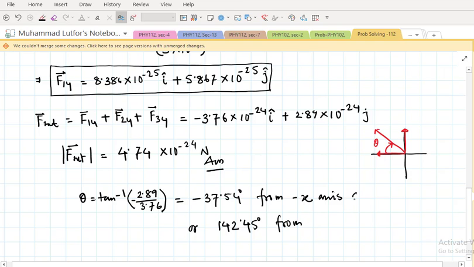This is from the positive x-axis counterclockwise. So that means 142 degree is that angle. So this will be your answer to this question. Okay, thank you very much.